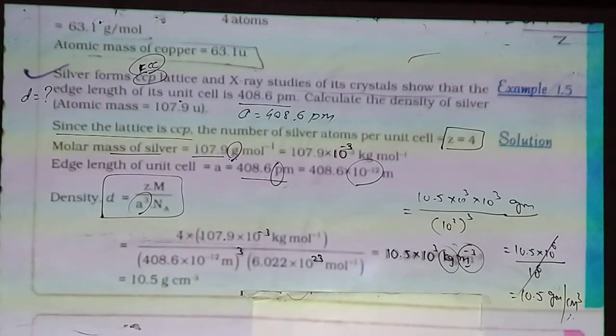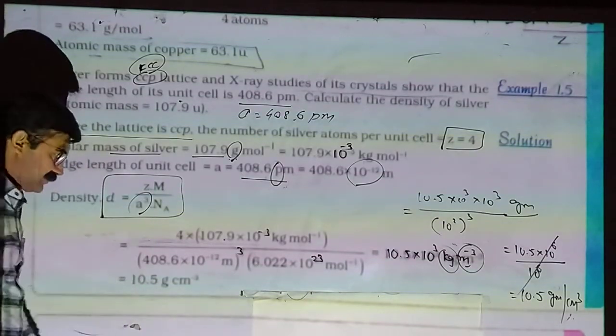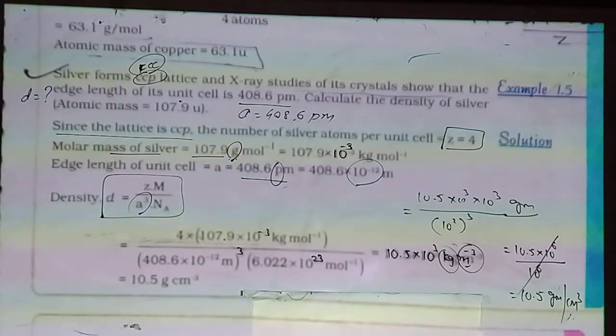Atomic mass of silver is given. So it's very simple. We take the formula of density: Z is 4, M is the atomic mass, A cube means the volume of our unit cell, and Avogadro number. So it gives 10.5 into 10 raised to 3 in MKS and 10.5 in CGS.